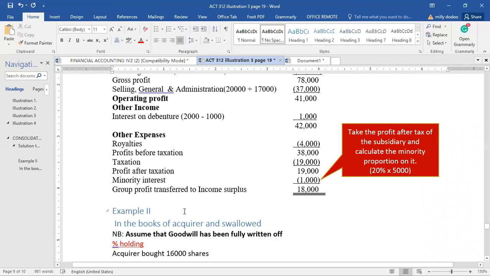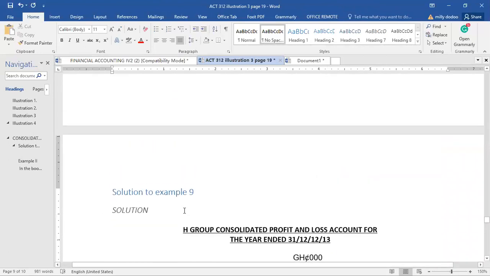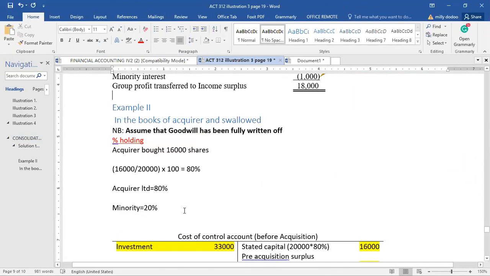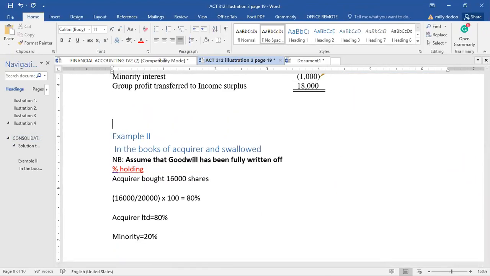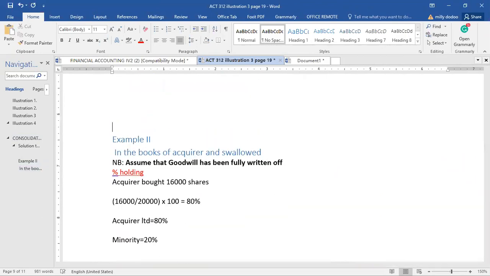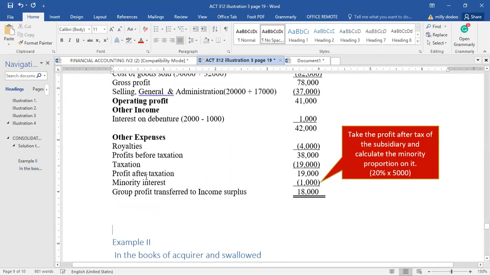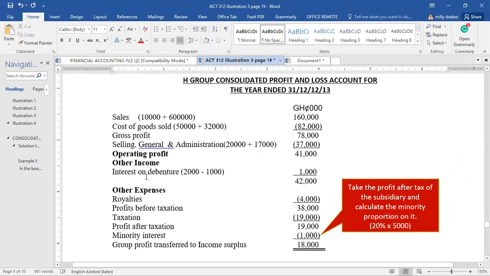And this is basically how we consolidate the account, or this is how you are to consolidate the account of H, or that particular illustration that I've given you.